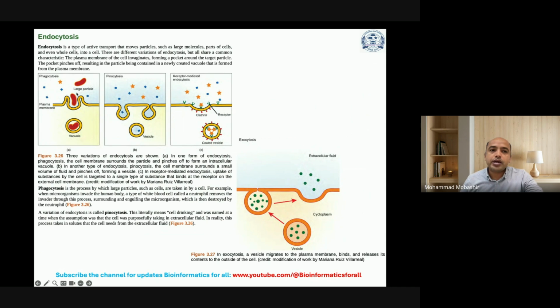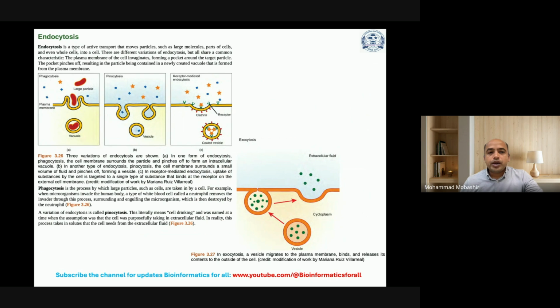Then there is another way where comparatively smaller particles are moving. Then there is another way where there is an additional involvement called a receptor. So there are three types of endocytosis: one is phagocytosis, second is pinocytosis, third is receptor-mediated endocytosis.